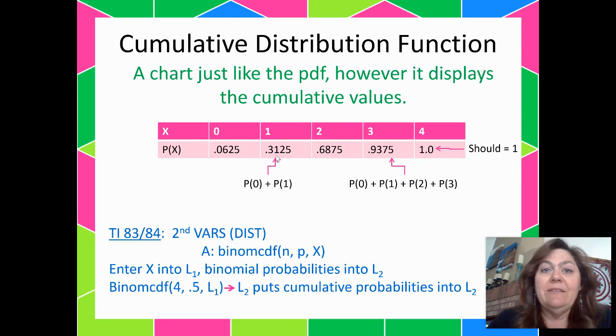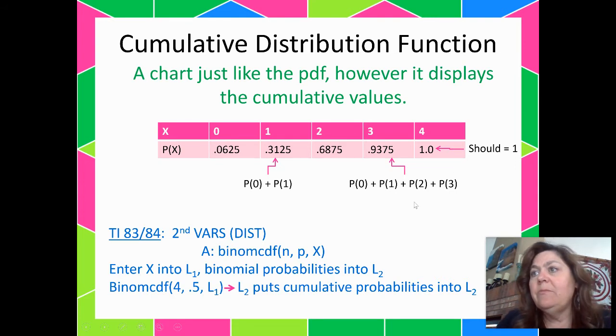Here's where that list comes in handy. Again, put your X's in L1, 0 through 4 like here, whatever yours are in the context. And this time we hit binomCDF. 4 is the number in our 0 to 4 heads possible, 0.5 is the probability of success, and then take list 1 and dump it into L2, and you will get all of these cumulative probabilities.